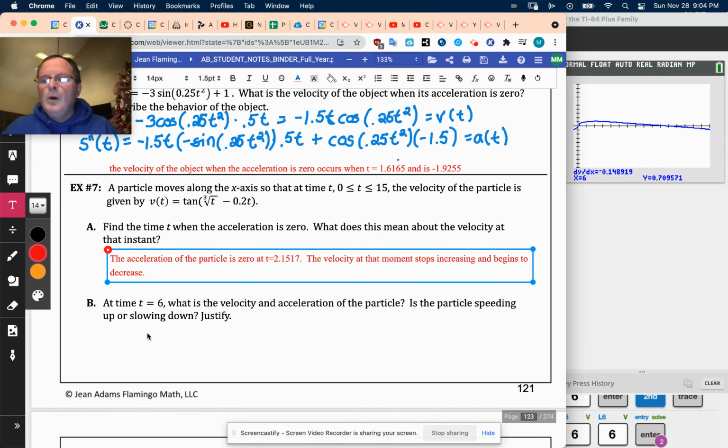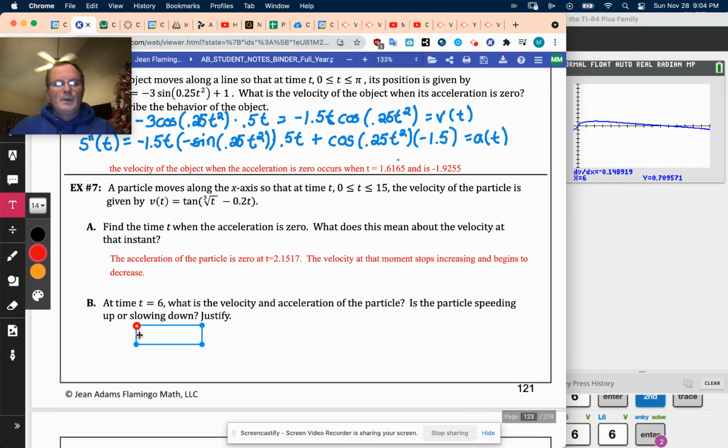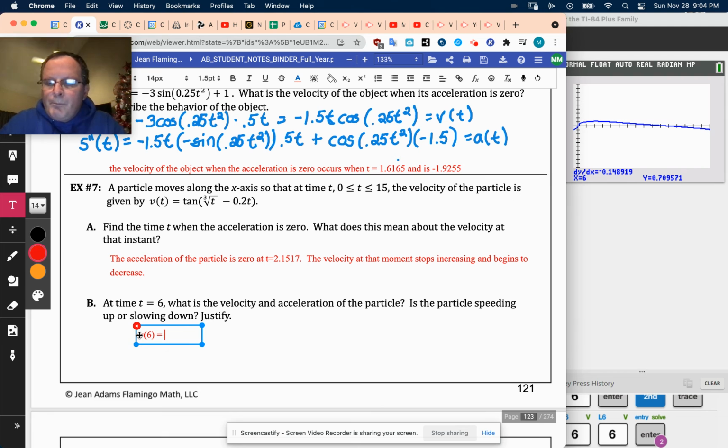All right, so what I got? So a v of 6 is 0.7096, and the acceleration, or v prime of 6, the slope, is negative 0.1489.